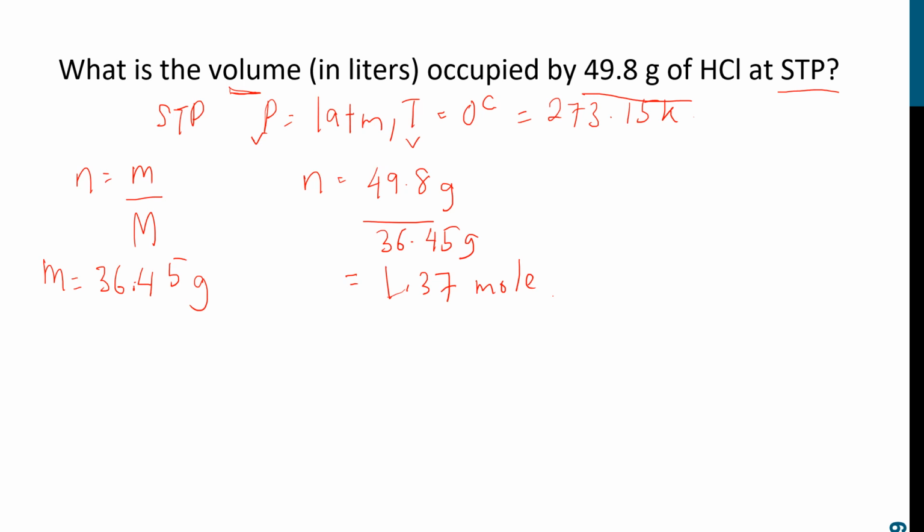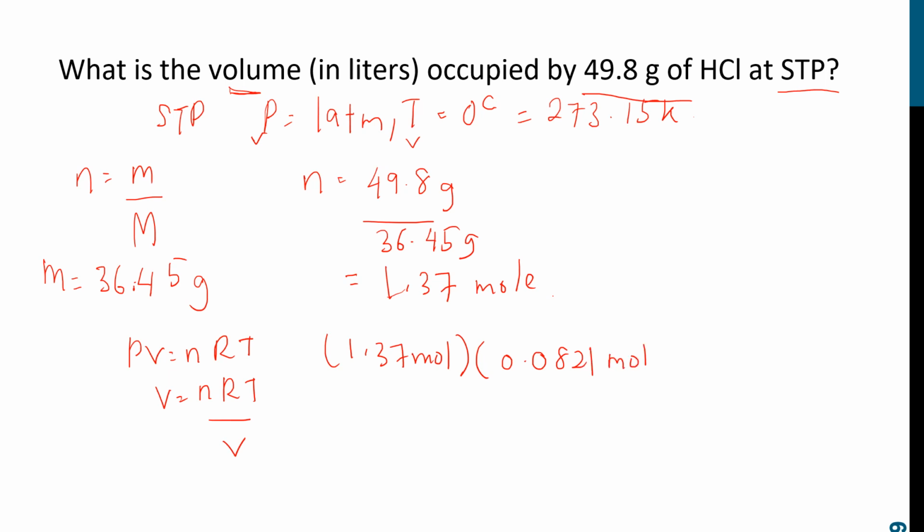We use PV equals nRT, so V equals nRT over P. n we have 1.37 mole, times the gas constant 0.0821 liter atm per Kelvin mole.